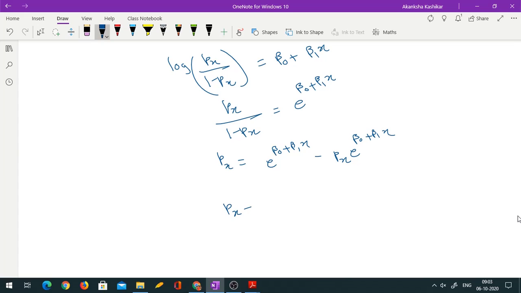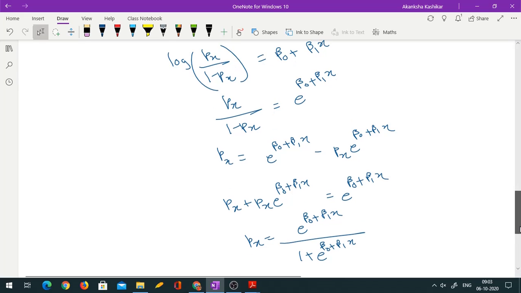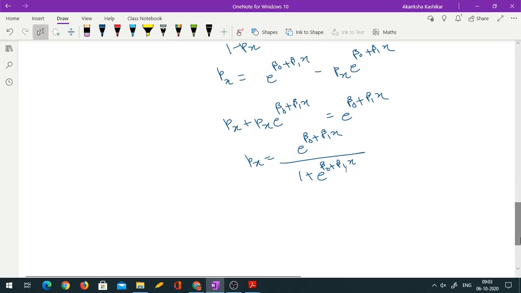Okay, so I have p(x) plus p(x) e raised to beta naught plus beta 1 x equal to e raised to beta naught plus beta 1 x. So I have p(x) to be e raised to beta naught plus beta 1 x upon 1 plus e raised to beta naught plus beta 1 x. Is it okay? So this curve is actually an S-shaped curve.